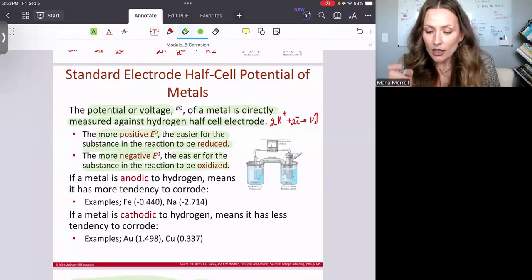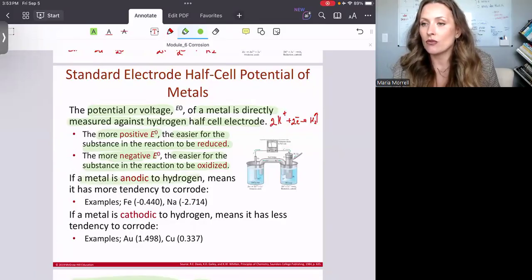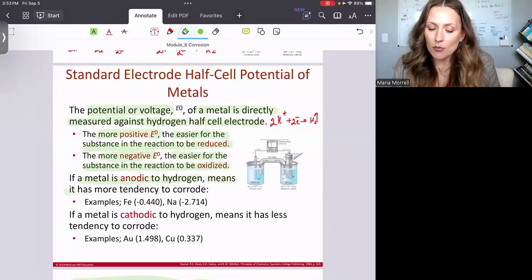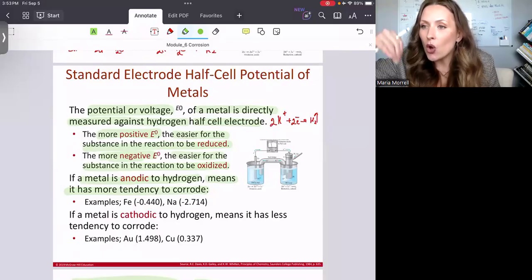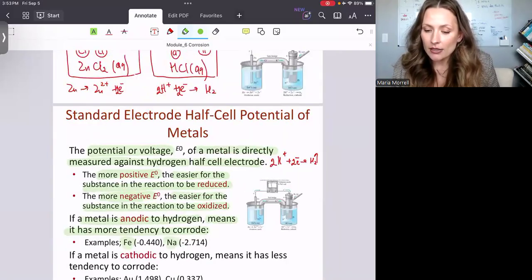So, right in here, I'm using more simple words for you. If a metal is anodic to hydrogen, that means that it has more tendency to corrode. Anodic means it has to be below our reference point, right? It has to be less than 0. And here's an example.